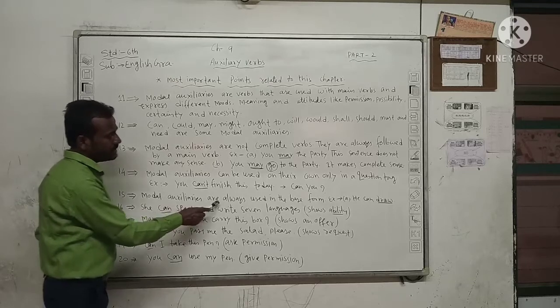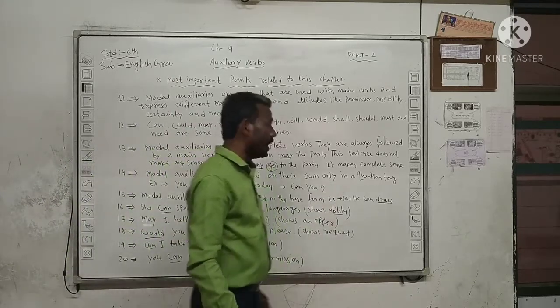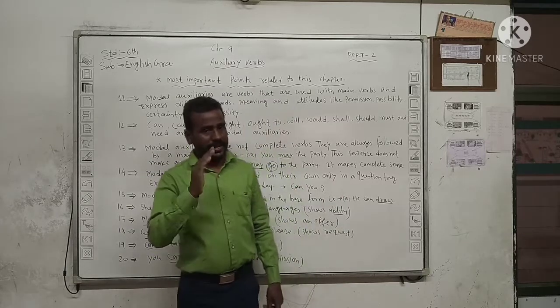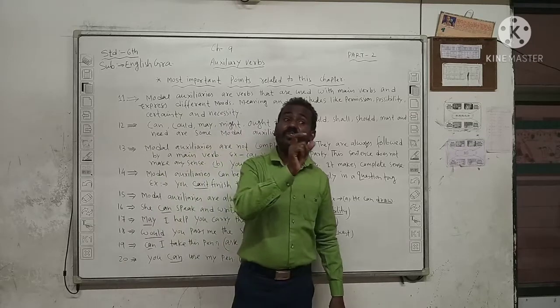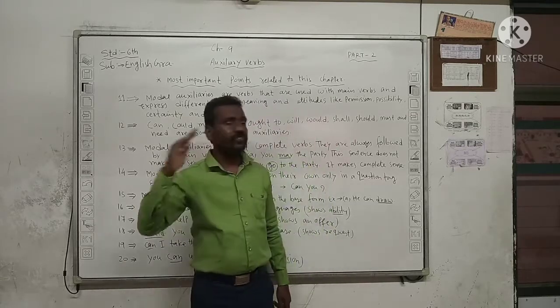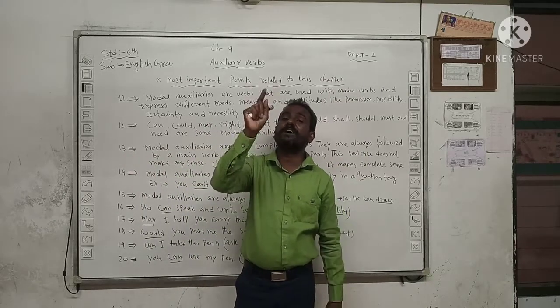Point number 15: Modal auxiliaries are always used in the base form. ये भी important point है. How is it base form? In the grammar section, verb form: V1, V2 and V3. V1 means the base form, V2 the past form, and V3 the past participle.